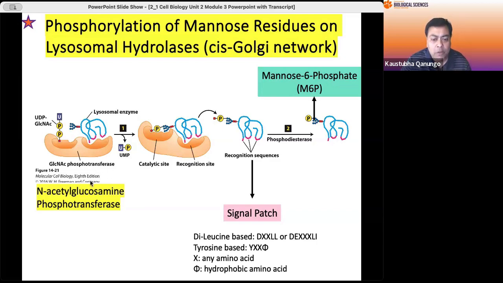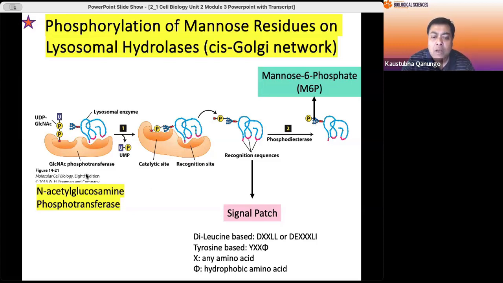Suppose you have this enzyme and a mutation so that it cannot put the mannose 6-phosphate on the protein. What will happen? If it cannot put the mannose 6-phosphate on the protein, it will not be trafficked into the lysosome. So this type of question we can ask.